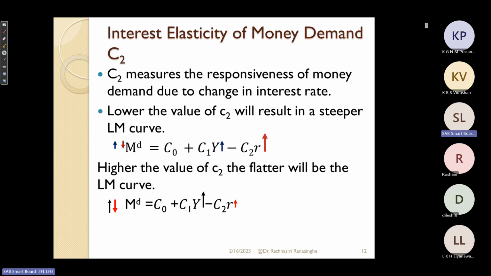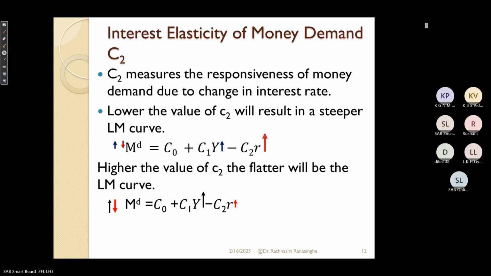Now here, if there is a lower sensitivity, we assume the interest rate increases significantly, but the C2 is low. What happens? Money demand decreases. So there is a lower sensitivity. In order to readjust the money market equilibrium, there should be a small upward adjustment in the income. That kind of relationship, a lower rise in the income with respect to a higher change in the interest rate, gives us a steeper LM curve.